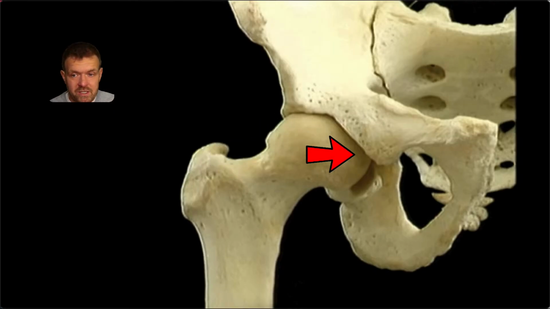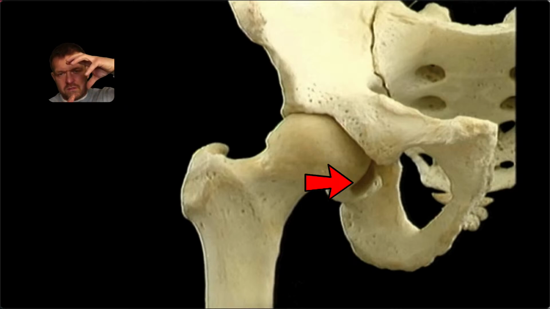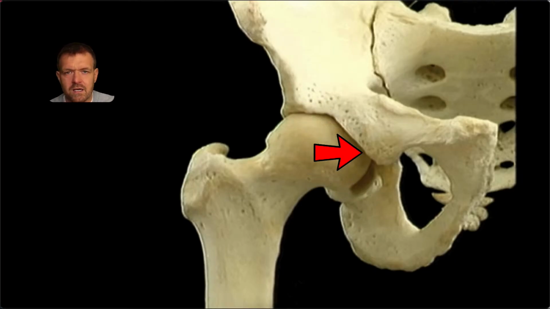Now a cam lesion is where the head of the femur is not perfectly spherical. It's an odd oval type shape. So when you move into certain directions, it doesn't spin in the socket very well and it will get caught on the edges of the socket of the acetabulum. So that is a cam lesion where the femoral head changes shape.